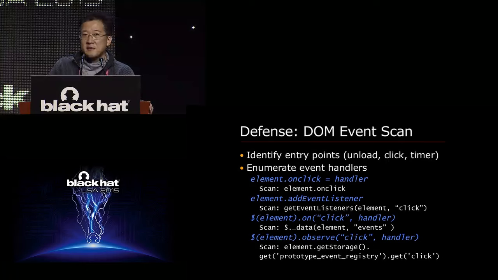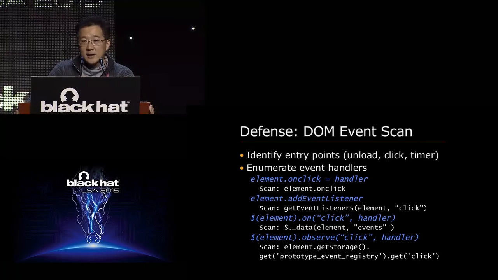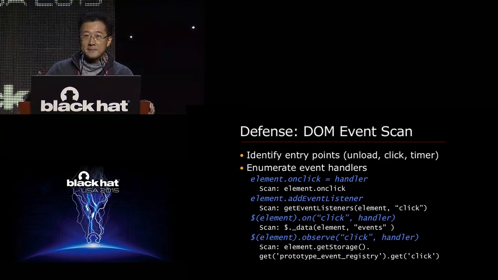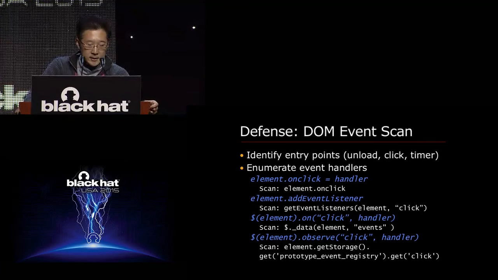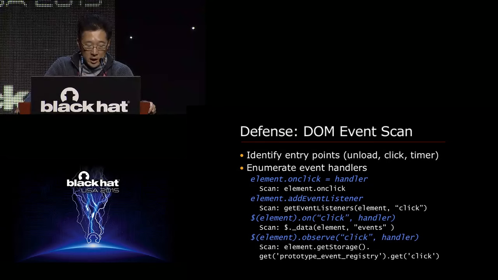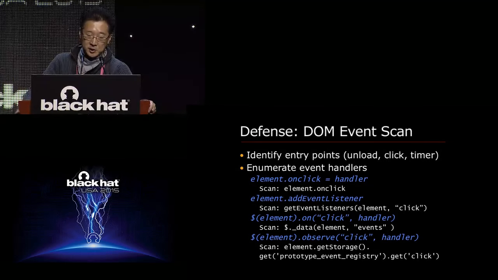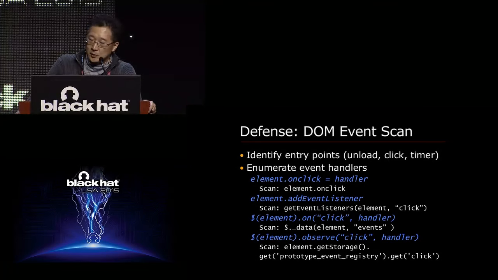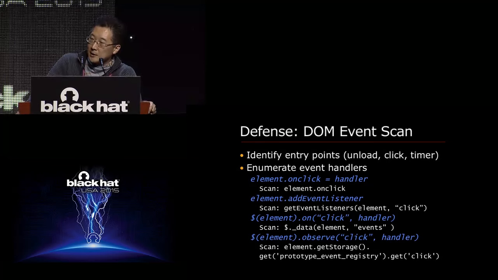So in terms of defense, how can we detect those hidden things? First of all, I think we have to have the capability to enumerate all the objects in the memory, and the easiest way to detect a hidden script in this particular example is to use a few functions out there to scan the objects.